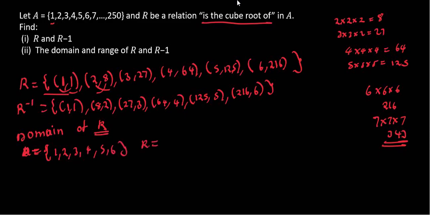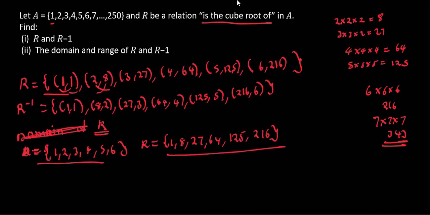How about the range of the relation? The range in this situation will be 1, 8, 27, 64, 125, then 216, like that. So this is for the relation in short. So we have the domain of the relation and the range of the relation.